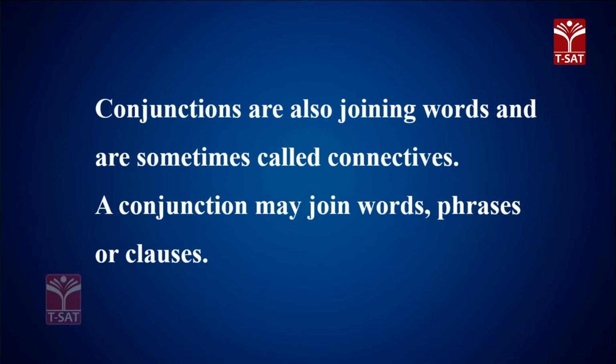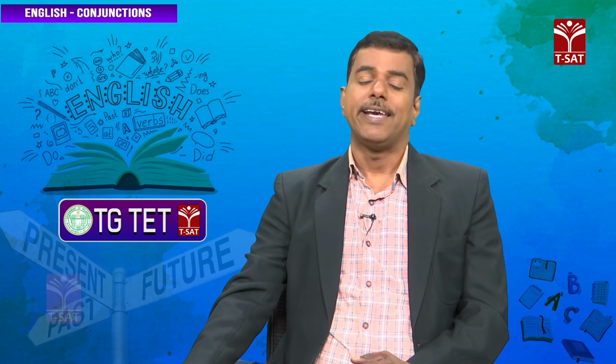Not only words, phrases and clauses are linked or joined through conjunctions, but also sentences, so that we will be able to maintain a sequence of the idea which is presented through the sentences. So conjunctions play a very important role in conveying the meaning to the fullest extent.